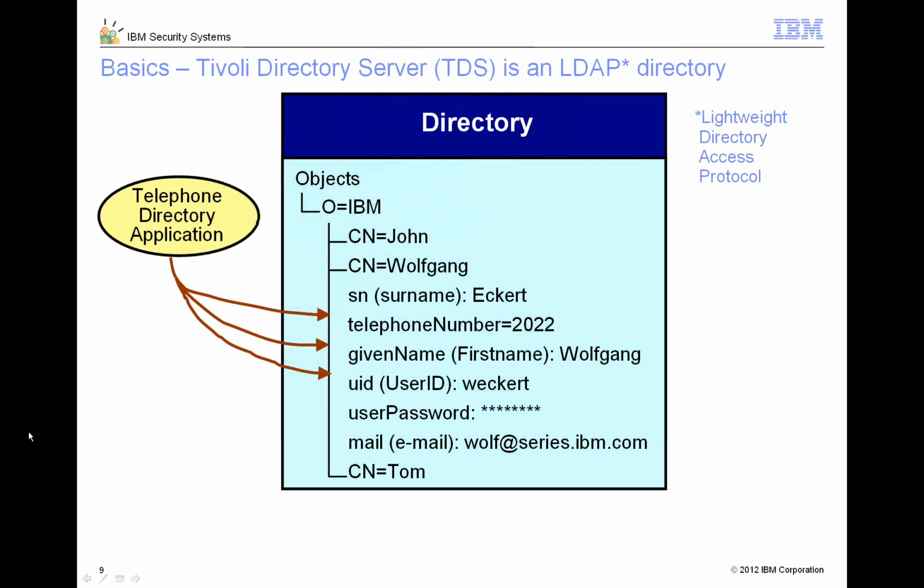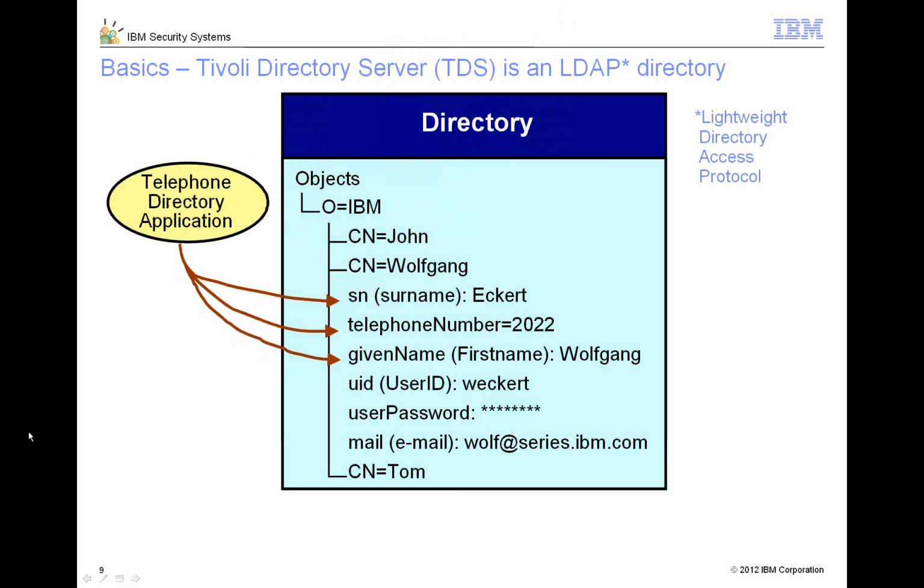So you could have a telephone directory application which is interested only in attributes like the surname, telephone number and first name of the user, right? You could have an email application which is only interested in the first name and surname of the user and the email ID.